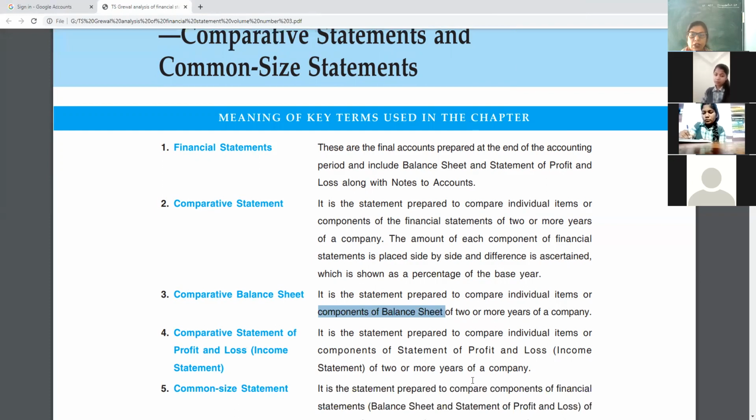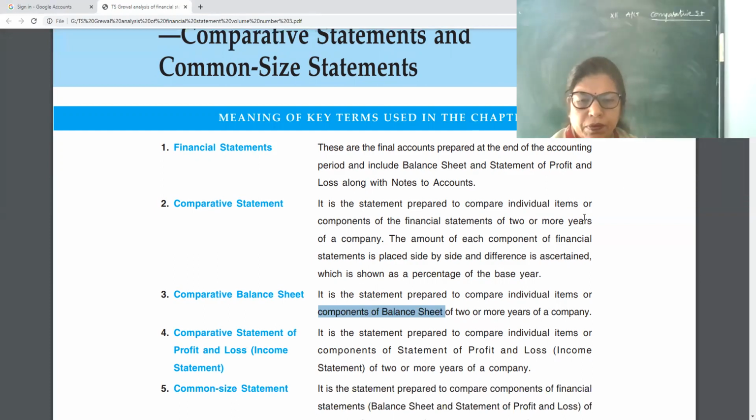What are the components of the balance sheet? Yes, already I explained, you can see in previous videos: equity and liabilities, NCL non-current liabilities, CL current liabilities, NCA non-current assets, CA current assets, all are the components of balance sheet.